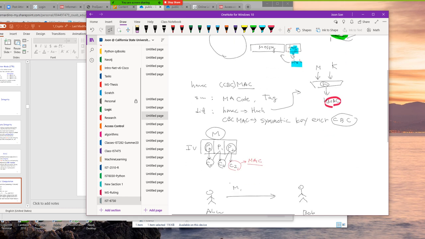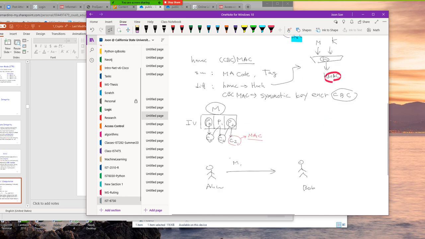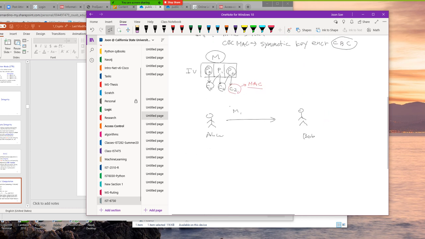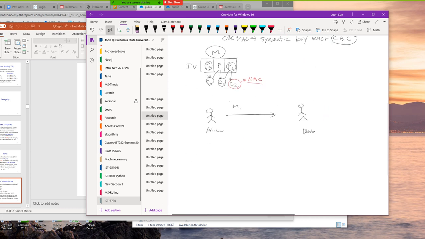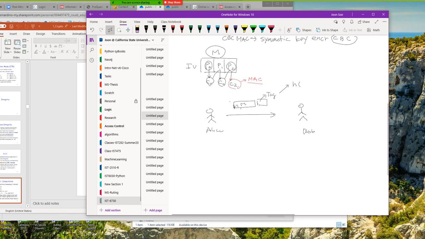If you use the HMAC, your tag is a hash value of the message and the key, and the key is a shared key, shared by both Alice and Bob.